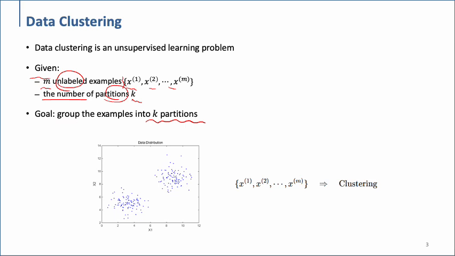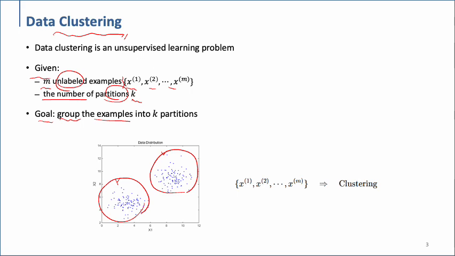The goal of data clustering is to group the examples into k partitions. Let's say here, maybe we can group into two groups, the first group and the second group. Here, instead of saying class, we're going to call it a cluster.